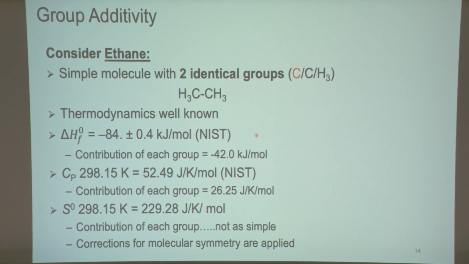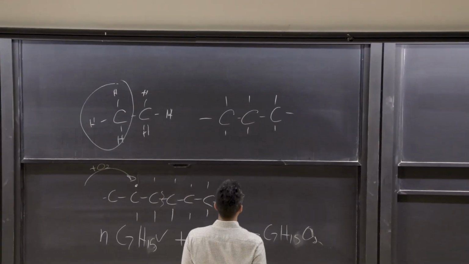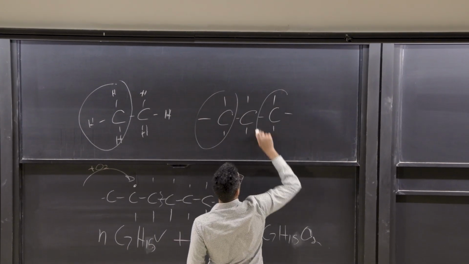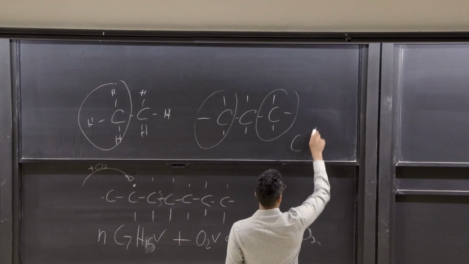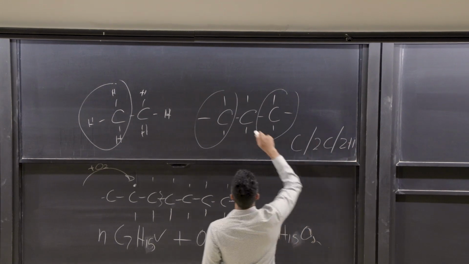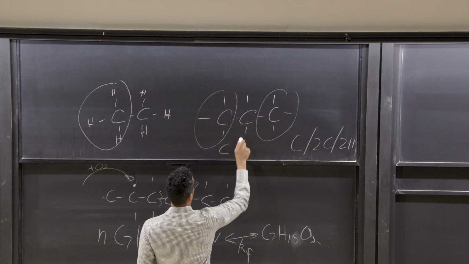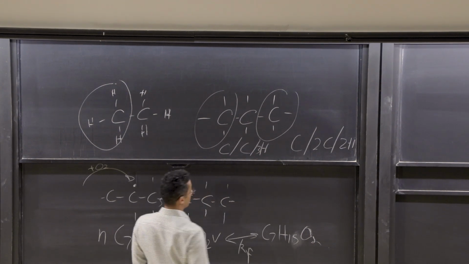Then he said, you take something like propane. Now, propane has two CH3 groups again, but then it has another group in the middle. It has a carbon that's bonded to two carbons and two hydrogens. This one is a group that's a carbon bonded to one carbon and three hydrogens.